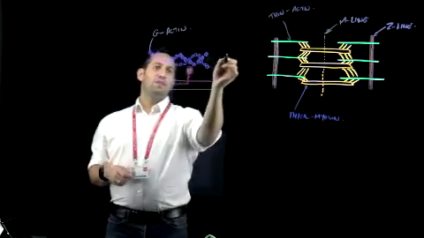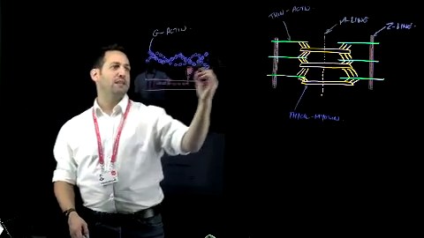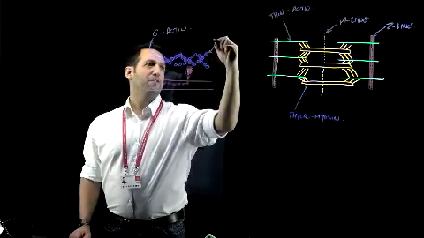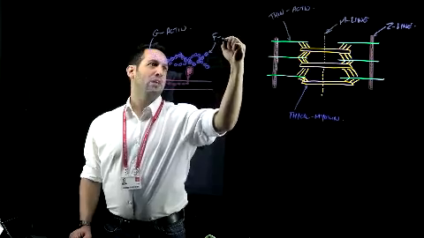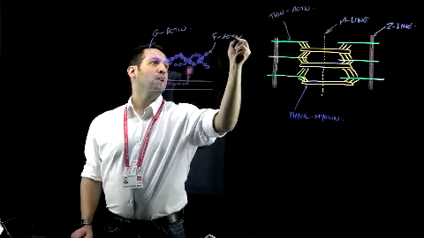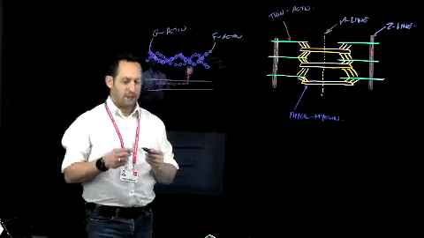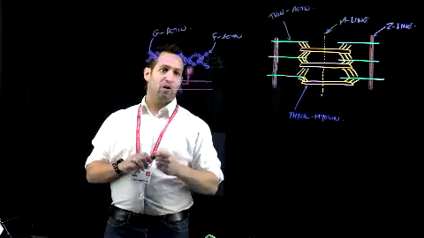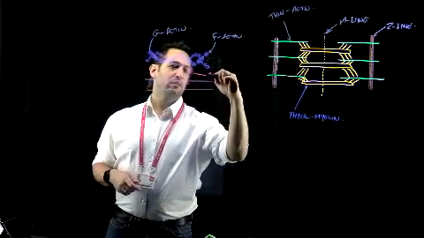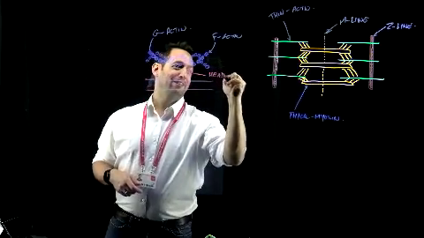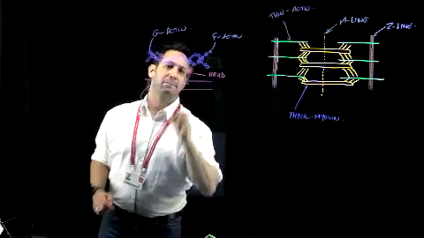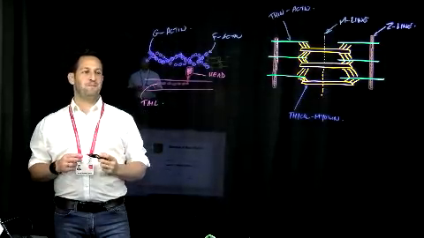So each of those individual pearls of the string of pearls is a G-actin monomer, and the fibre that it makes up is F-actin. Okay, F-actin, like that. And then with myosin, we've got head and tail, like that.